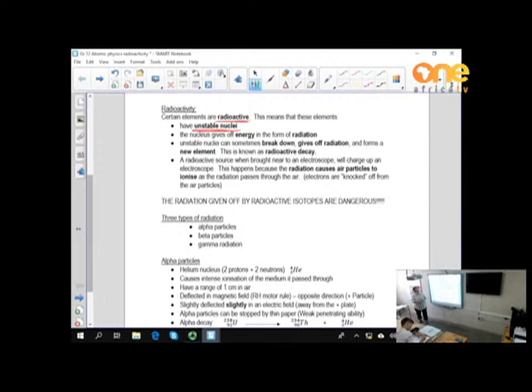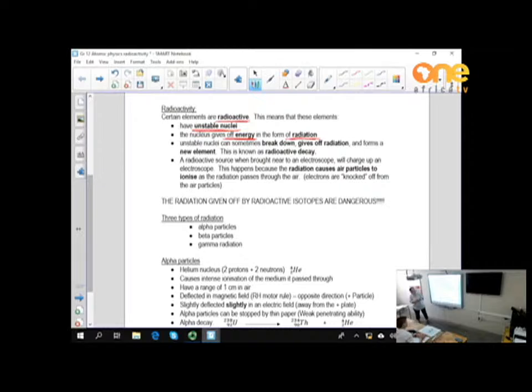So it is an unstable nucleus. Radioactivity is a form of energy that comes from the nucleus of an element. The nucleus gives off energy in the form of something called radiation, and radiation is a collective word. We'll come to that in a moment.